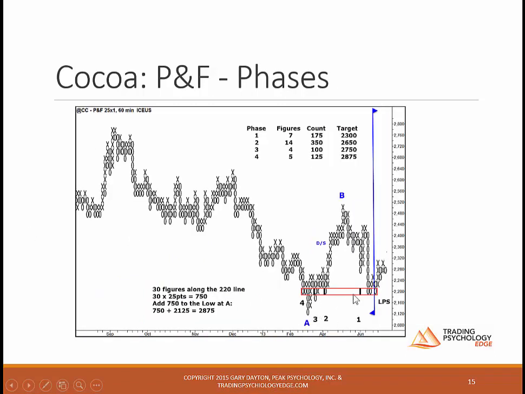You can see that it's not hard to do that. And then you would be able to go right to this for phase 2, and phase 3 is an additional 4 figures, so that's 1, 2, 3, and 4, and 4 times 25 is 100, and we would add that to whatever we've gotten before. So that should be pretty straightforward. Okay, yeah. So the number 1 target, the first phase, was already hit.